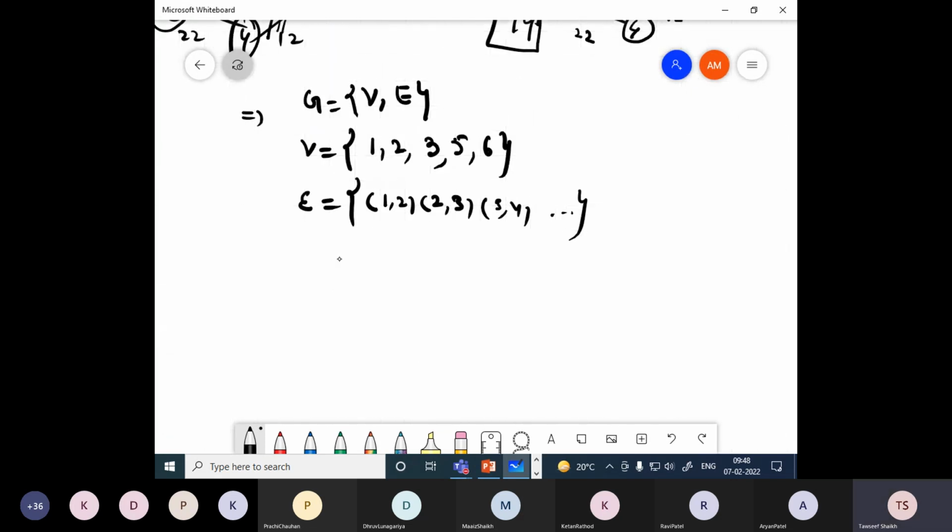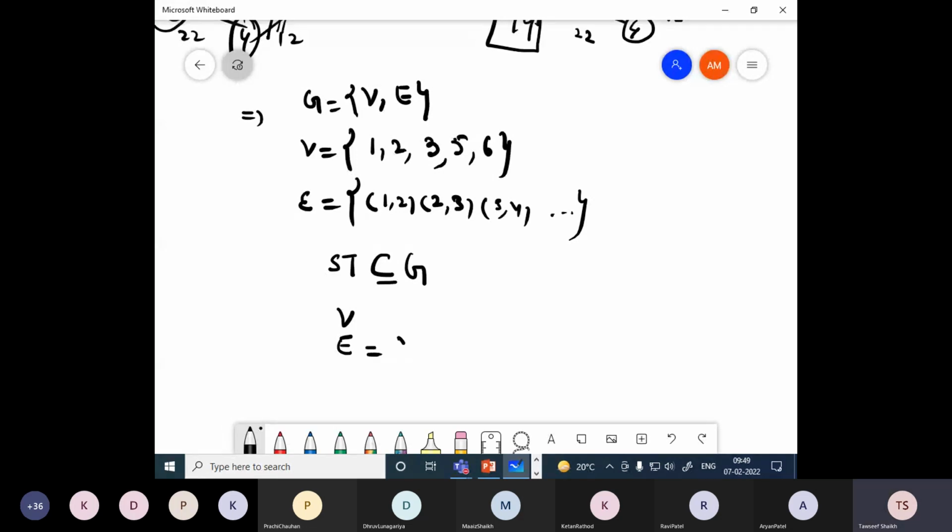And a spanning tree is a subset of this graph itself, because we are taking the spanning tree as a subgraph of this graph. And this spanning tree is also composed of a set of vertices and a set of edges.